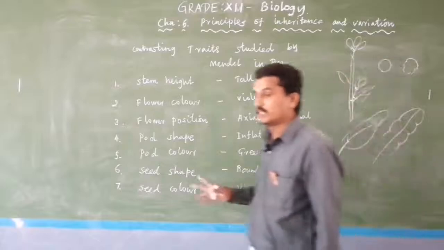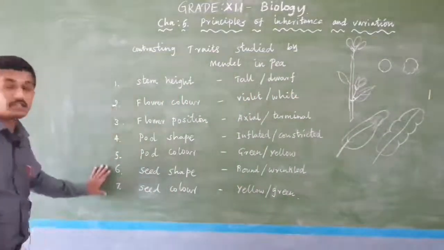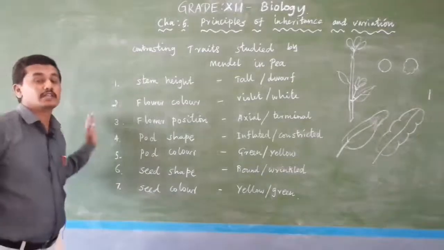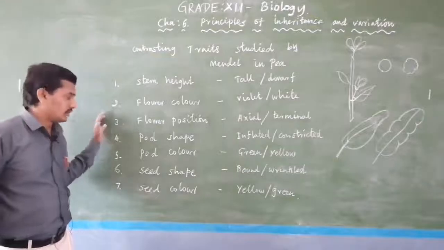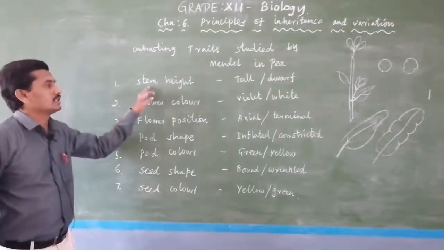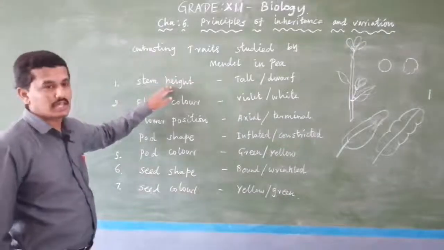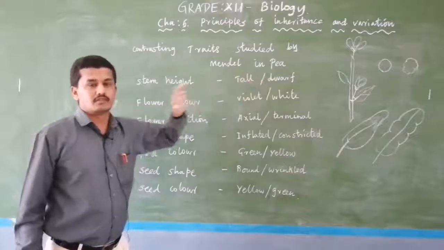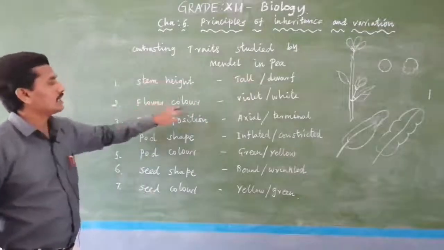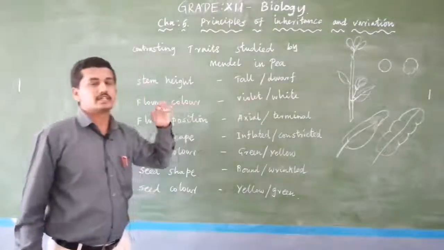So Mendel selected 7 different characters, and performed research for 7 years. Each character contains 2 variations. Stem height is one character which contains 2 variants, tall stem and dwarf stem. Flower color also has 2 variations, violet colored flower and white colored flower.